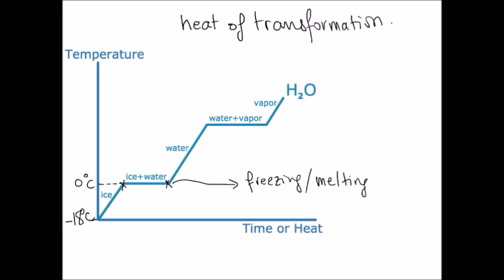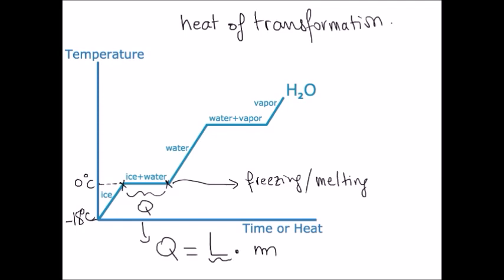This amount of heat is used just to transform the state. This heat is generally L times the mass, where L is called the latent heat or heat of transformation.